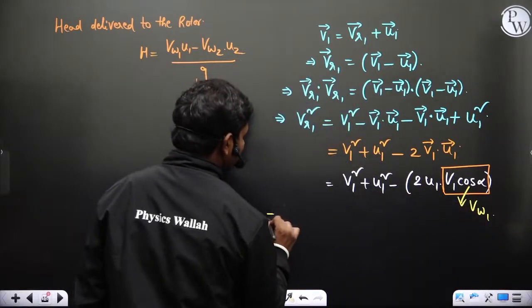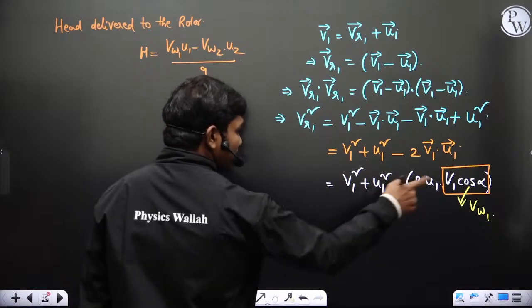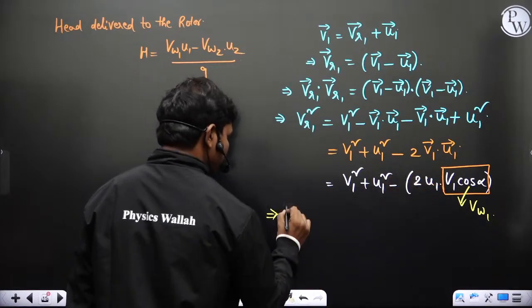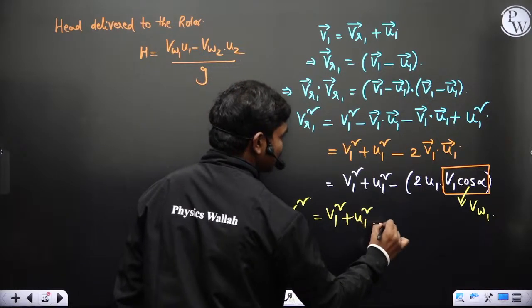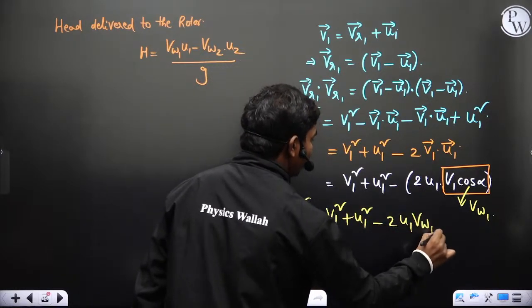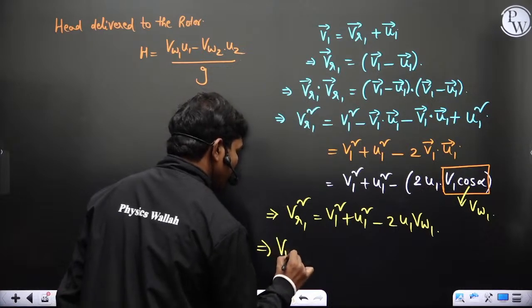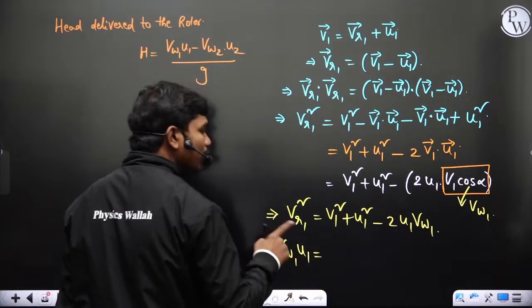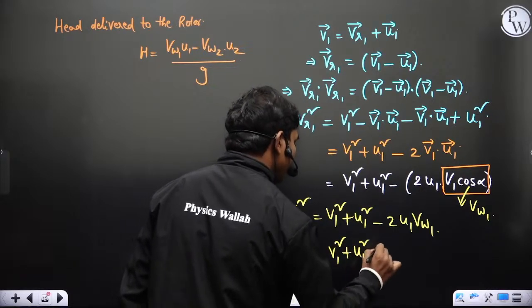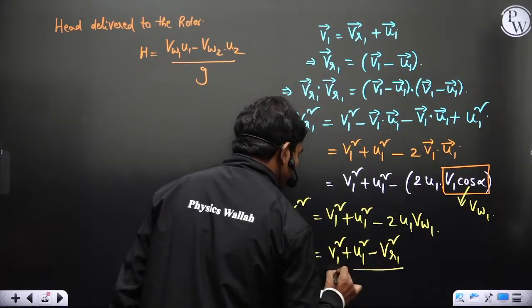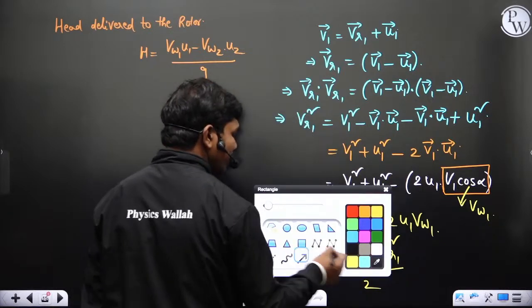So this implies, if you see carefully, VR1 square is equal to V1 square plus U1 square minus 2 U1 VW1. Therefore your U1 VW1, the tangential component, will give you V1 square plus U1 square minus VR1 square, divided by 2, from this particular triangle.